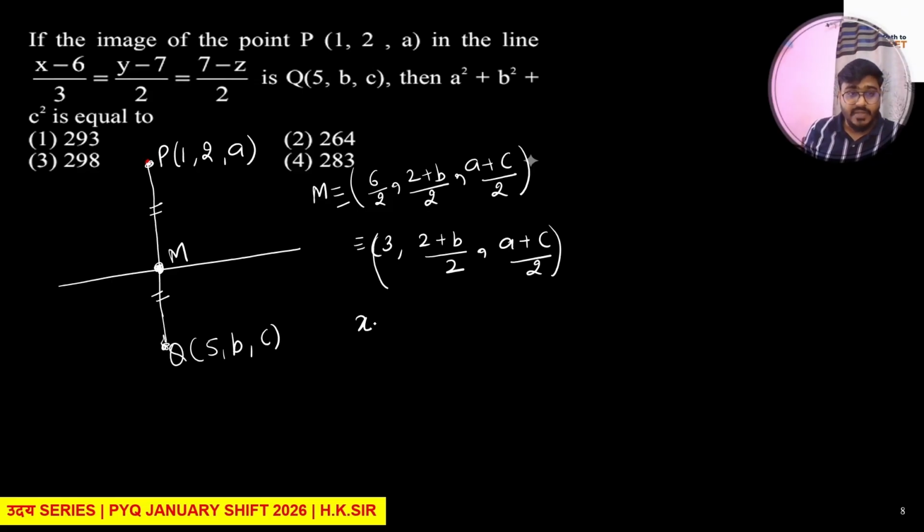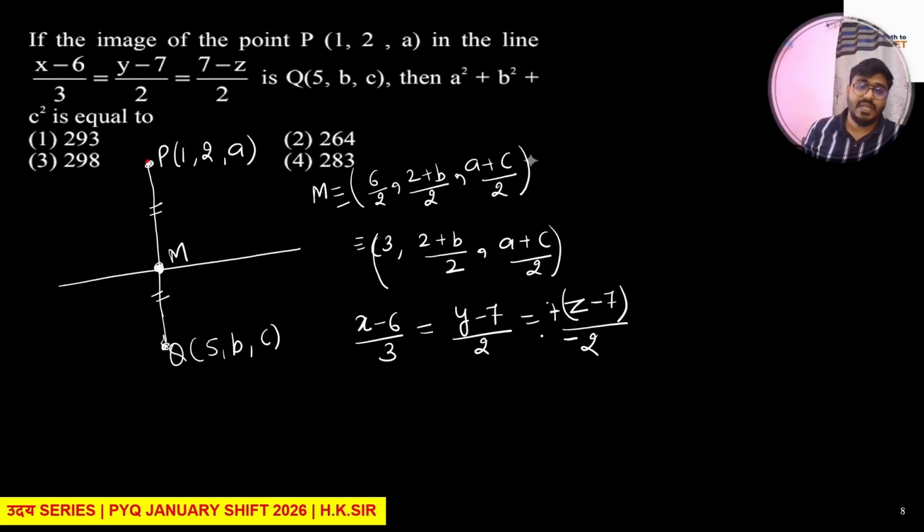So what is the line? (x minus 6) by 3 equals (y minus 7) by 2 equals (7 minus z), so I can write this line in this format now: (z minus 7) divided by minus 2. This minus sign you can take in the denominator. Now put this point in this line.